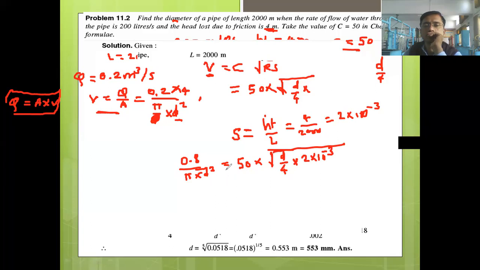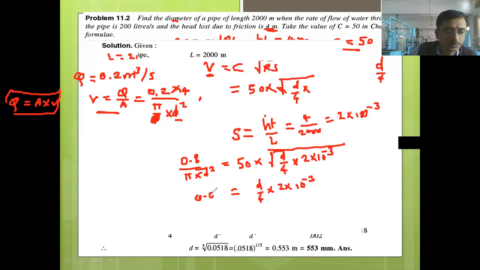First of all take this 50 on this side, that will go in the denominator, and then do the square on both sides. Square केल्यानंतर d/4 into 2 into 10 to the power -3. या साईडला 0.8 divided by pi divided by 50, you will get 0.05 divided by d square bracket square.